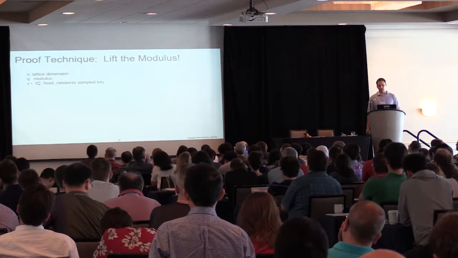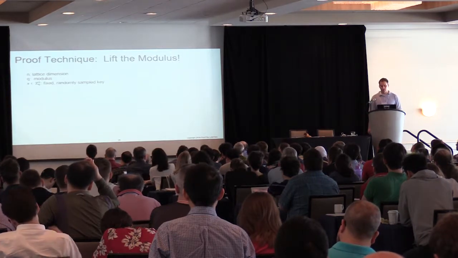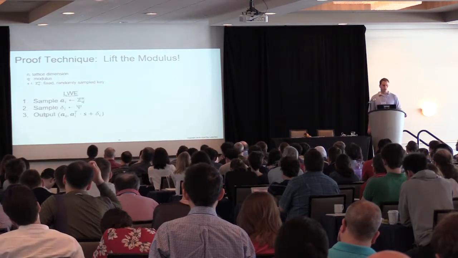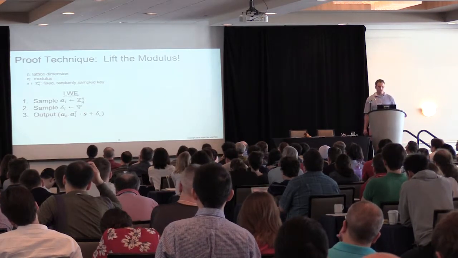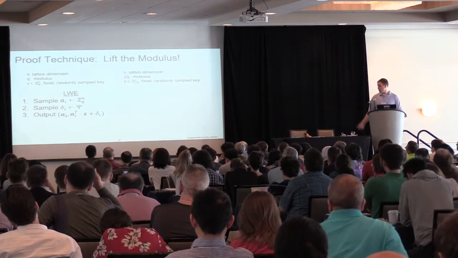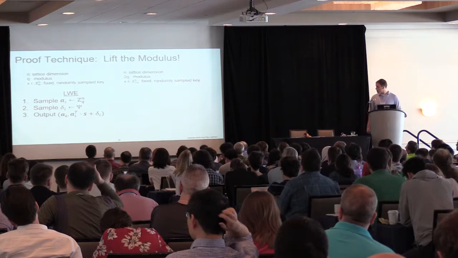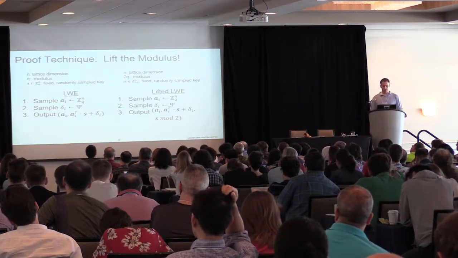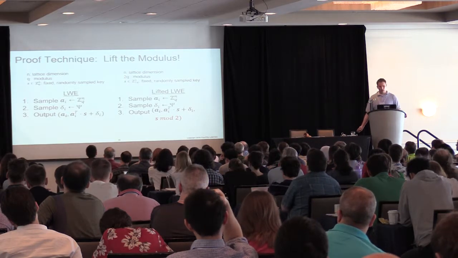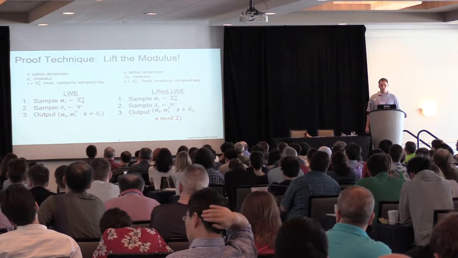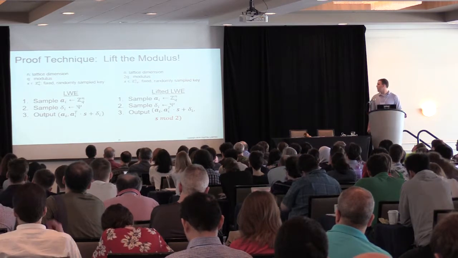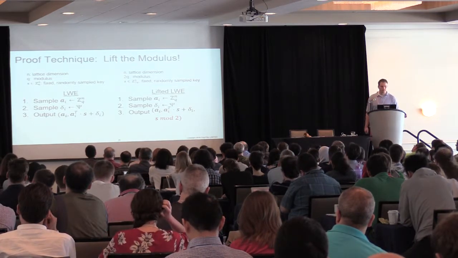Another fairly simple technique that I'm pretty sure has been used in various different forms all over the place is just lifting the modulus. If we have a regular LWE instance and we double the modulus and sample the key from this larger space, we get this problem, which I've called lifted LWE. It's essentially the same problem, except that we now can leak s mod 2.